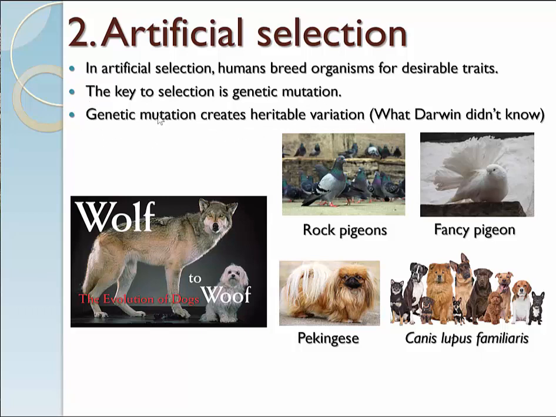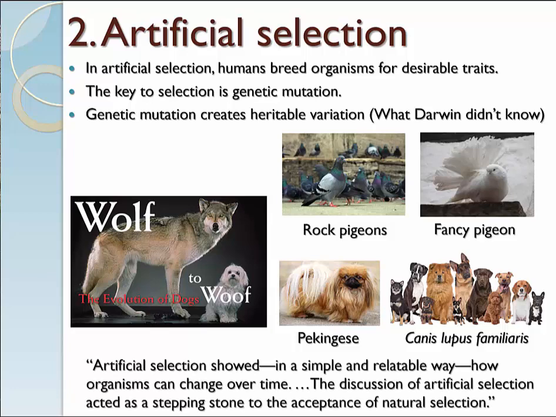It arises through genetic mutation, and if a genetic mutation is beneficial, then that can be selected for, either in artificial selection or through natural selection. And so artificial selection showed in a simple and relatable way how organisms can change over time. This discussion of artificial selection acted as a stepping stone to the acceptance of natural selection.